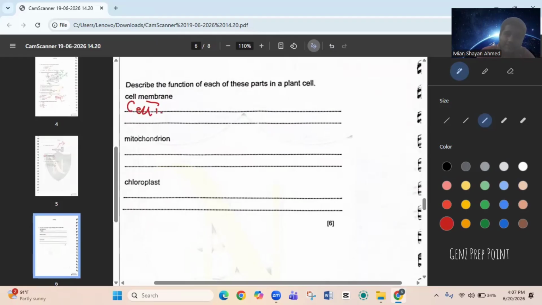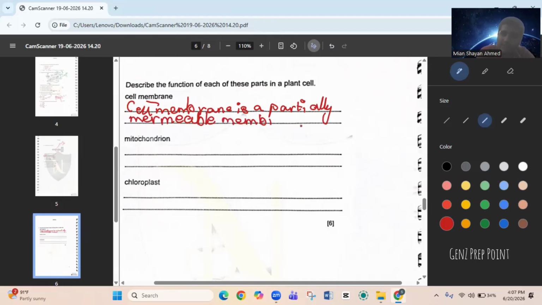Cell membrane is a partially permeable membrane.